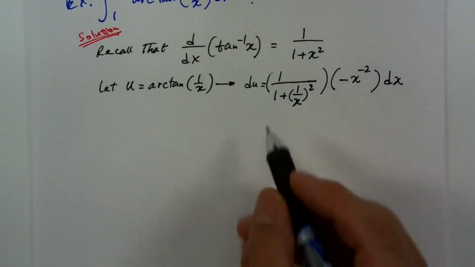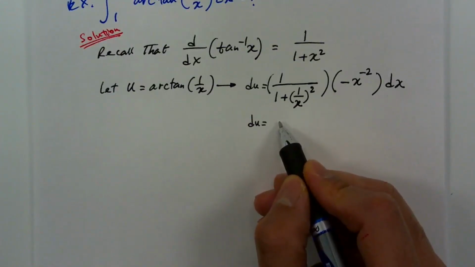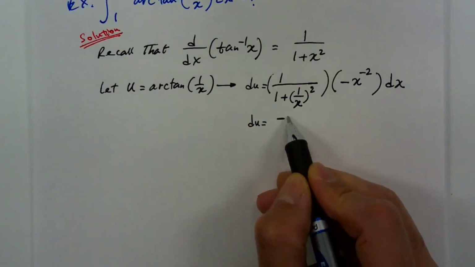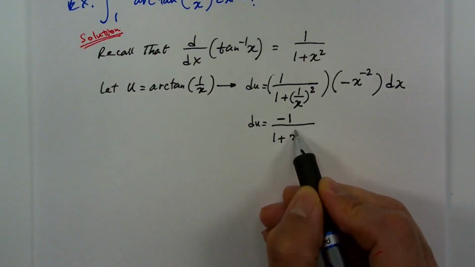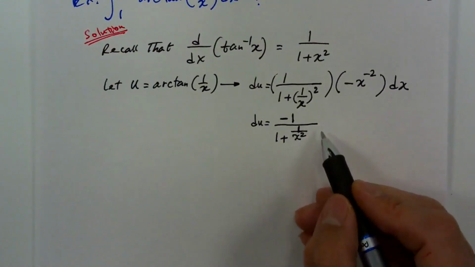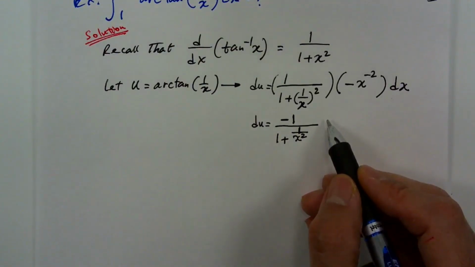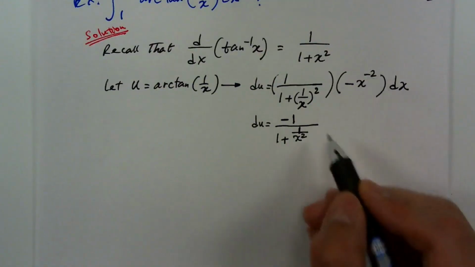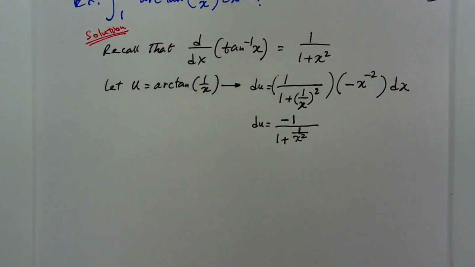Okay, let's clean this up a little bit. And so we have du is equal to minus 1 divided by 1 plus 1 over x squared, times, let's just write x to the minus 2 power as 1 over x squared, I guess.